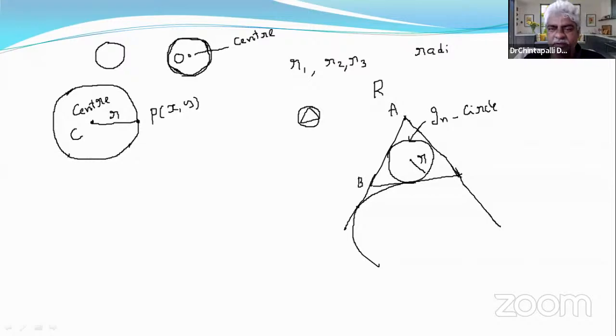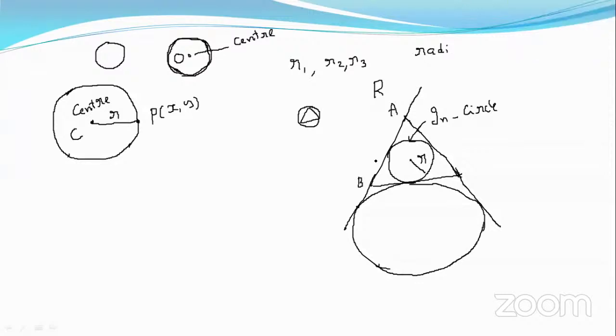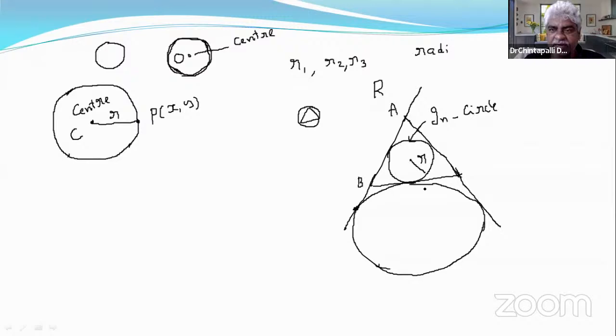AB is a line segment, but if we extend AB, it is a straight line. See, this circle touches all three sides of the triangle. Side AB is touched here, the circle touches side BC here, and the circle touches side AC.